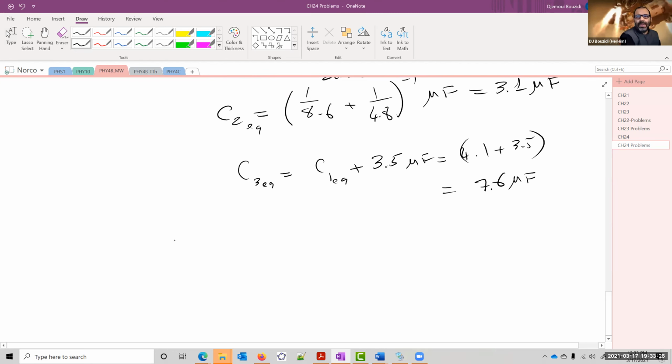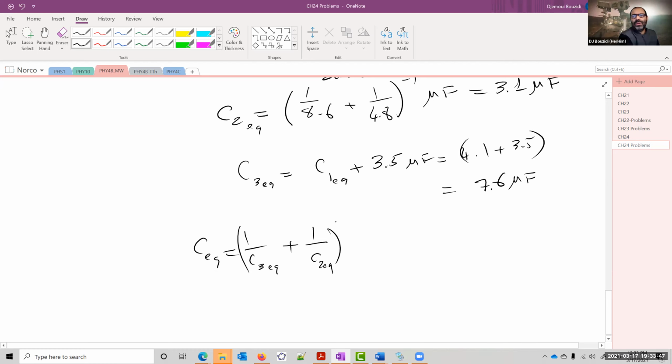So the C equivalent now that I need is going to be 1 over the C3 equivalent, this configuration where things look like they're in parallel, plus 1 over C2 equivalent, where the two things were actually in series and I combined them, and the whole thing to the negative 1 power. And again, the answer is going to be in microfarads, okay? So now we're in business.